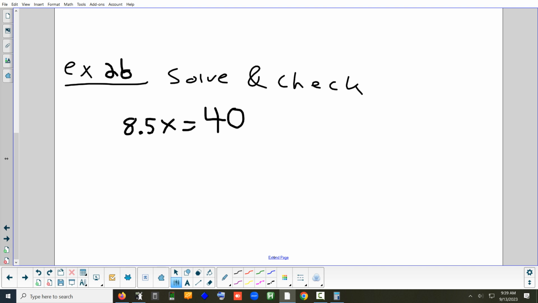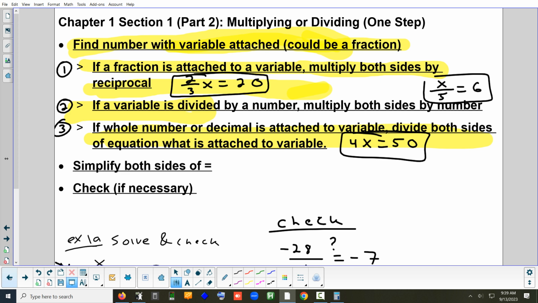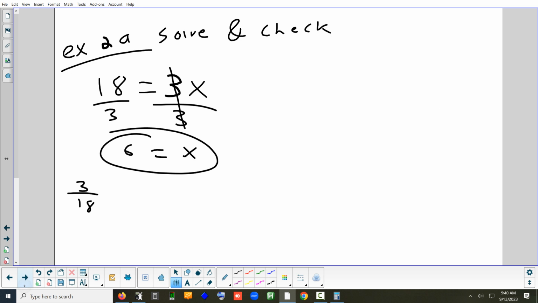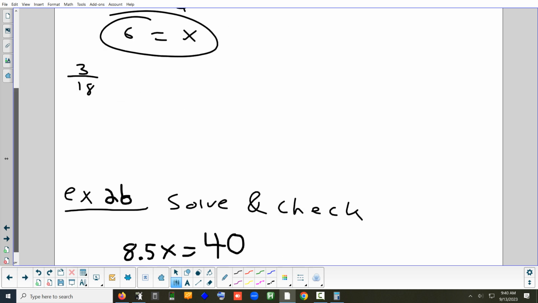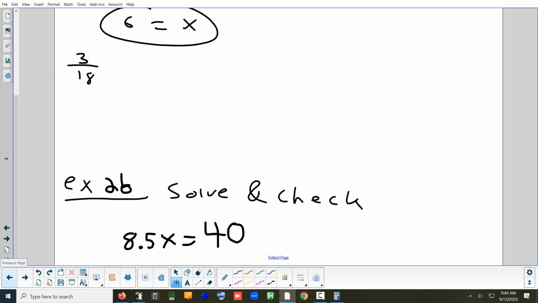Yep. And there's your different cases, and same thing you should have on your guided notes. So let me put the problem back up, and see if you can solve it.